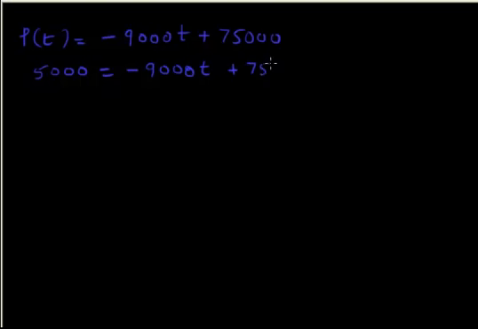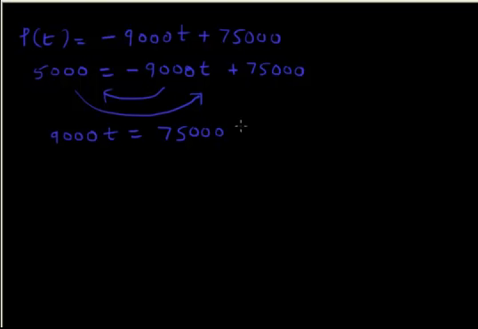plus 75,000. So I'll shift this value to this side and this value to this side. So I have 9,000 T equals 75,000 minus 5,000.